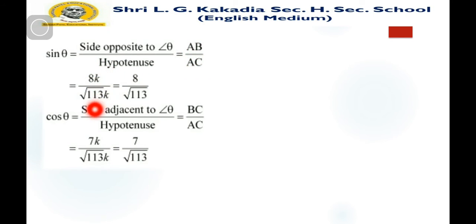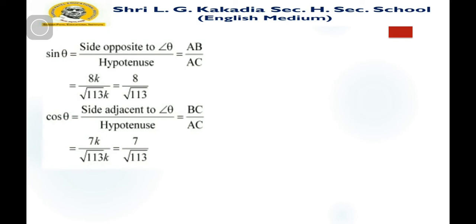That means 8k upon square root of 113 k, which is equal to 8 over square root of 113. As well as cos theta, which is side adjacent to angle theta upon hypotenuse, which is equal to BC upon AC, 7k upon square root of 113 k, which is equal to 7 upon square root of 113. So we have the values of sin theta and cos theta.